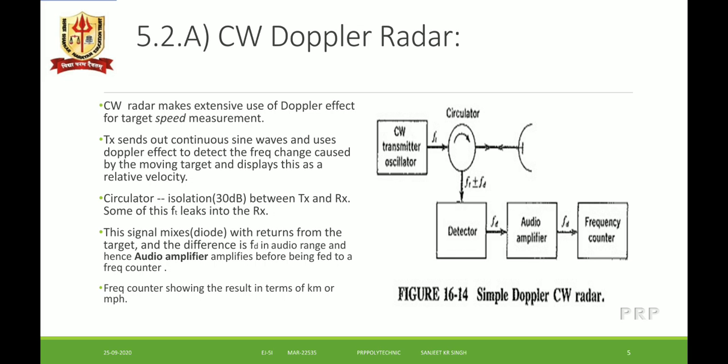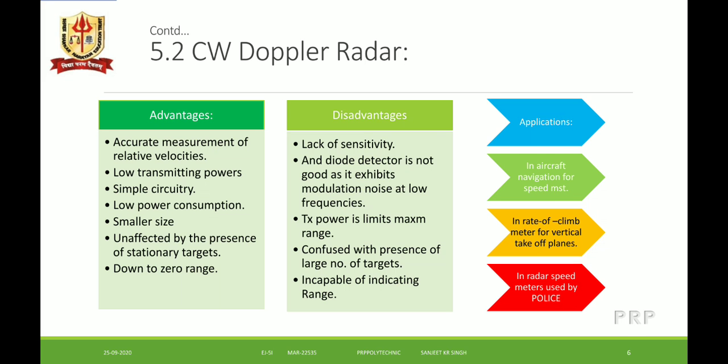Now the frequency counter is a normal frequency counter which has an indicator or output calibrated in terms of kilometer per hour or miles per hour. So that is the simple continuous wave Doppler radar block diagram and working we saw. A slight modification can be done with the help of IF amplification that we will see after this.